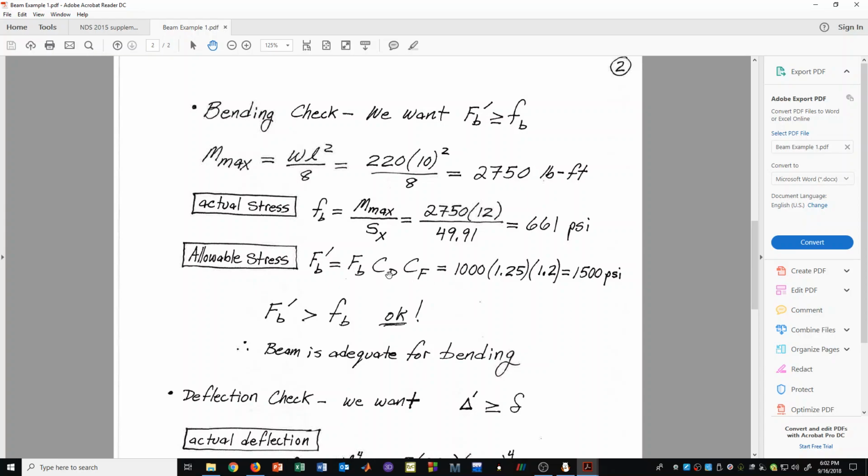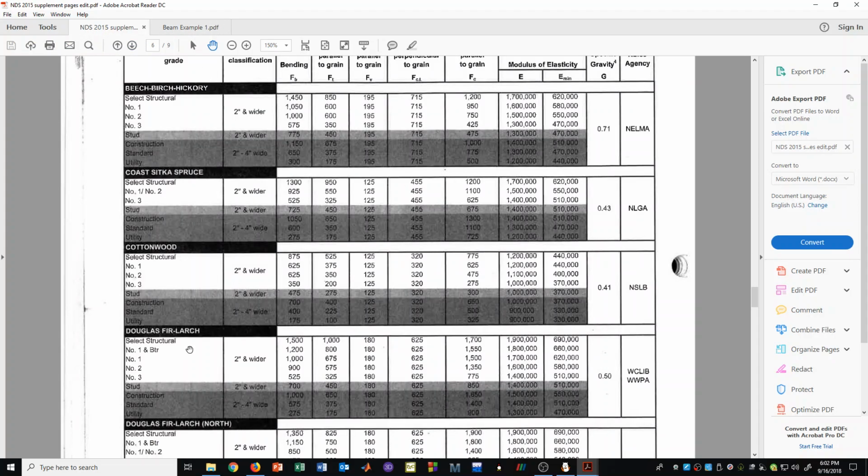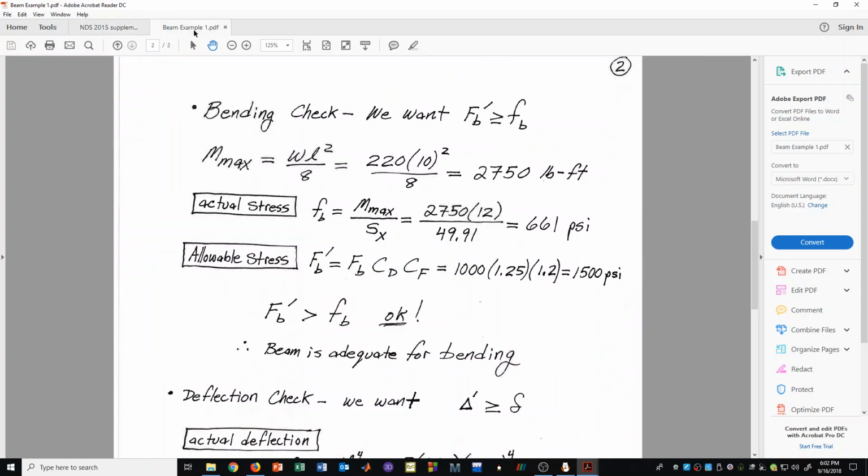So we also need to look at FB, and let's go back to our supplement table, and we can see for Douglas fir number 1, for bending FB, we have a value of 1000 psi. Going back now to our example, you can see that that is what we have put into our equation.